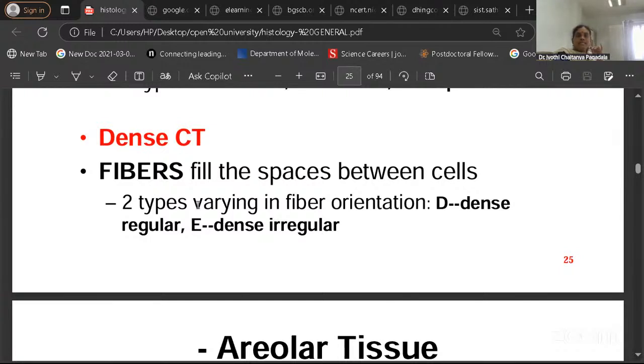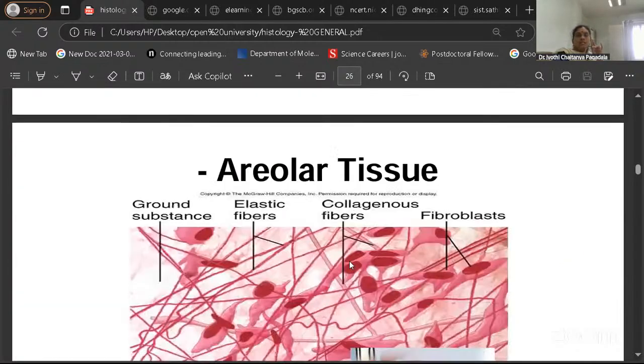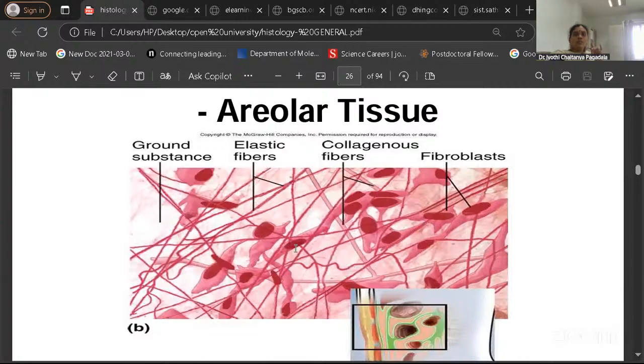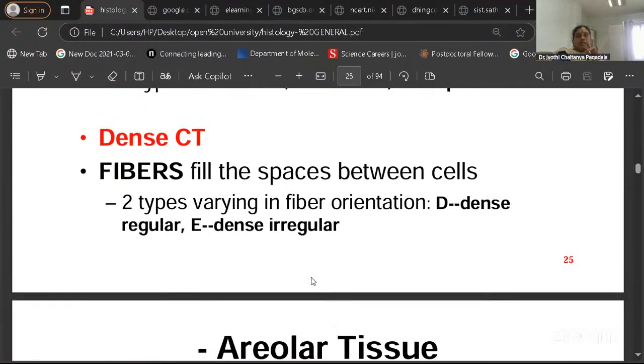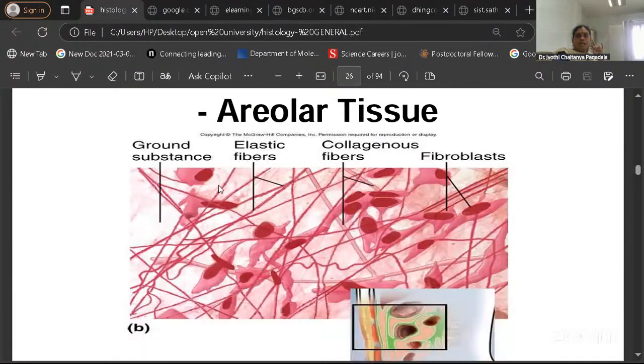And in dense connective tissue, fibers fill the spaces between the cells. There are two types varying in fiber orientation: dense regular and dense irregular. Just now we discussed areolar loose connective tissue. Here it contains the ground substance.